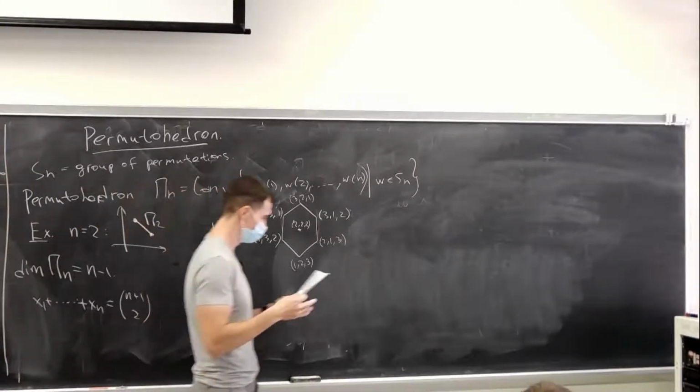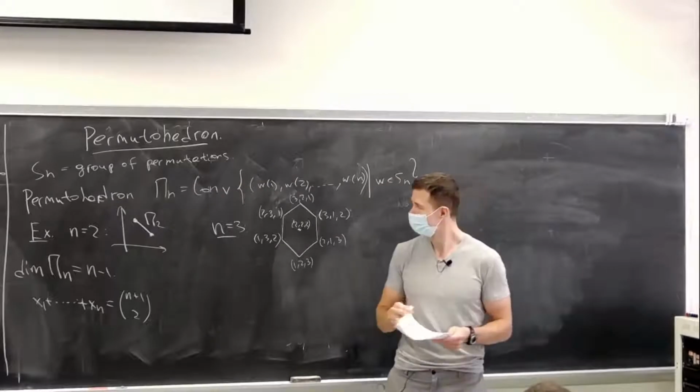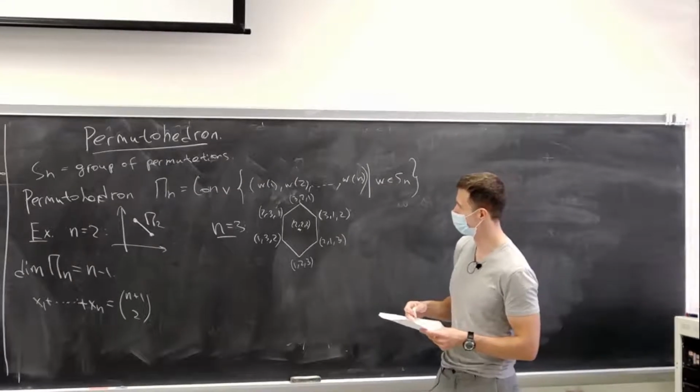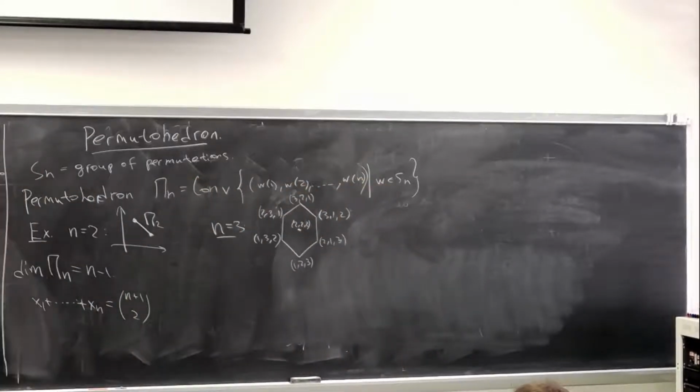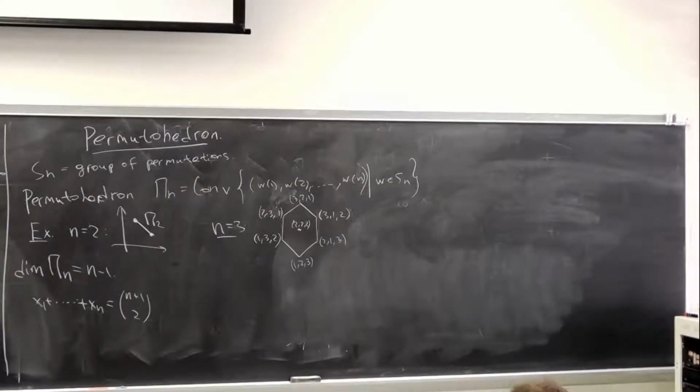So let's find the set of vertices of the Permutohedron. Let's see what happens in general. Does it actually have n factorial vertices, or does it have fewer or more than n factorial vertices? What do you think?